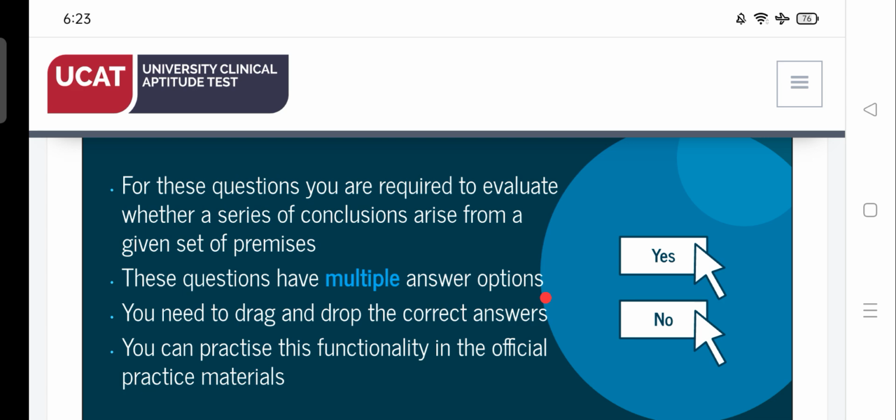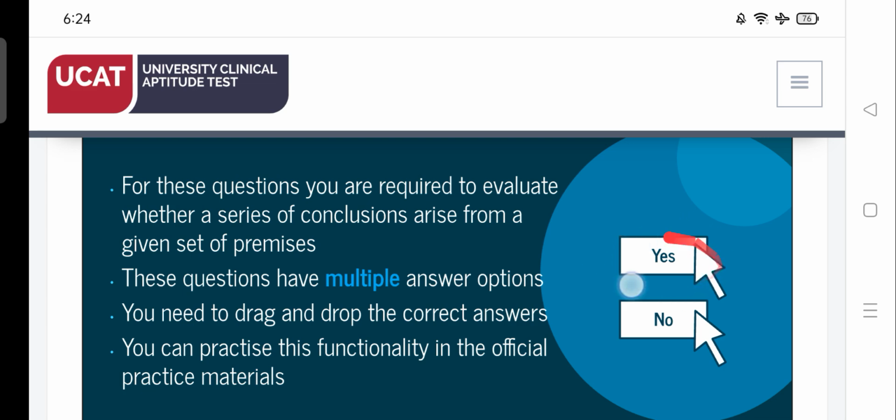More than one answer could be correct, so you need to track and drop the correct answers. Like this, yes and no options in the box will be presented to you. Then you have to drag the yes if the conclusion does follow the information that will be presented to you.